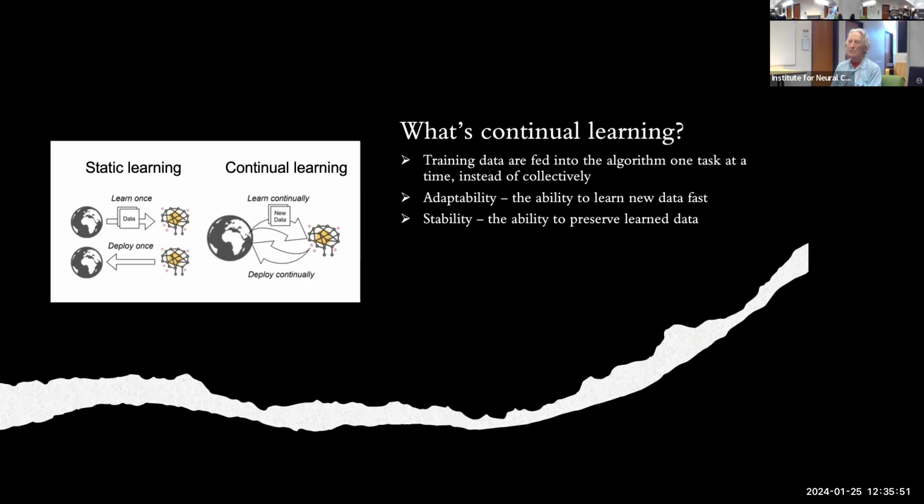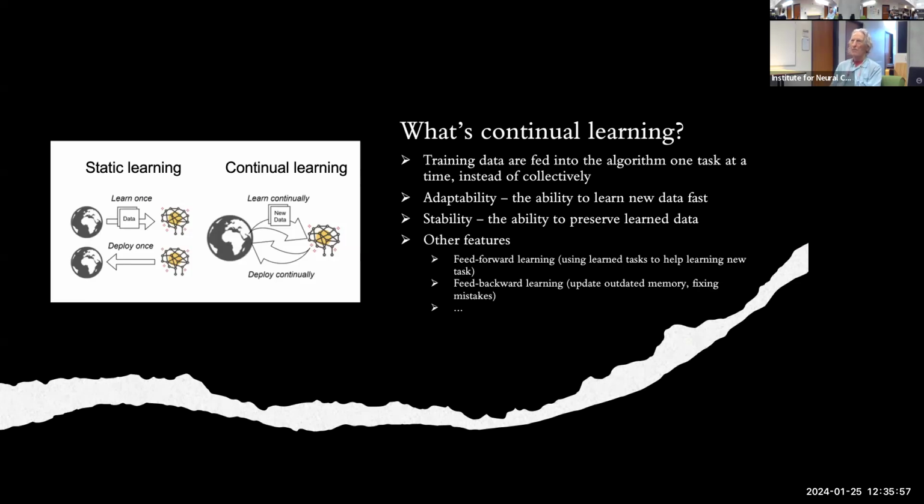Of course, you will also want other factors for continual learning as well, such as feed-forward learning and feed-backward learning, which means you want to use what you have learned to help you learn new things. And after you get some new information, if there's a mistake in the memory, you want to go back and fix that mistake.